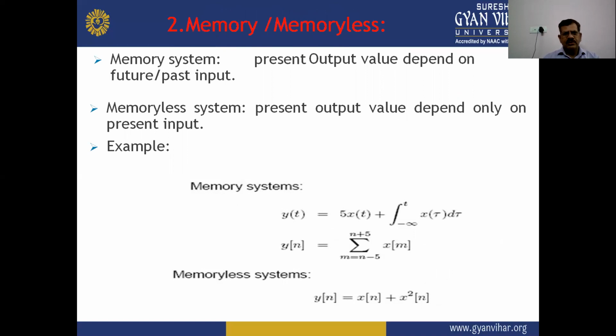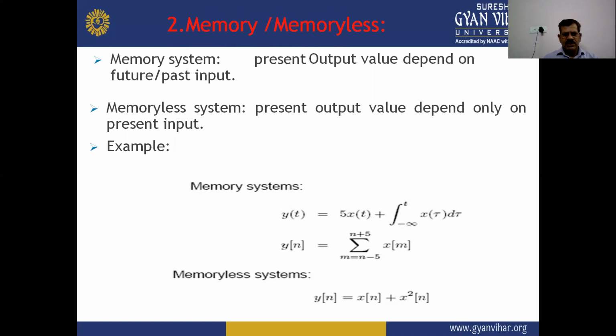Memory systems. The present output value depends on future or past input in a memory system. In a memoryless system, the present output value depends only on the present input. So this is the example of a memoryless system.